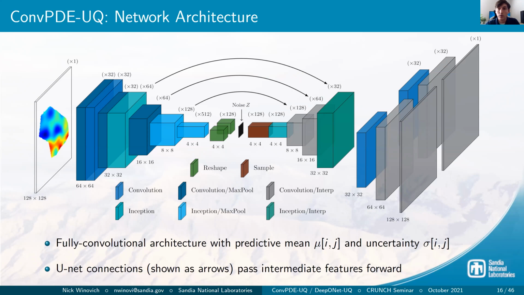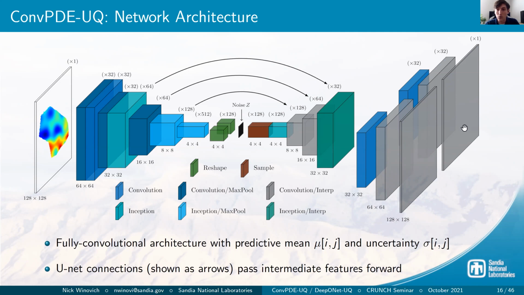So the general structure is just an encoder-decoder model. It's also using UNet connections, which just share information from the encoder with the decoder. And the only real novelty in the network design is that at some point in the decoder, we split into two branches, one for a mean prediction and one for an uncertainty, or standard deviation, parameter.